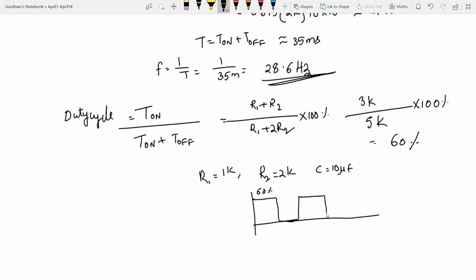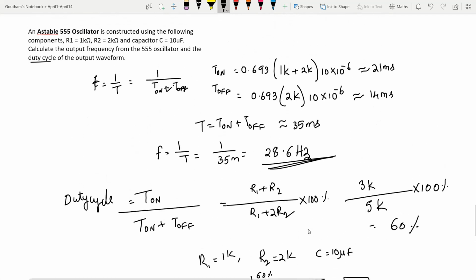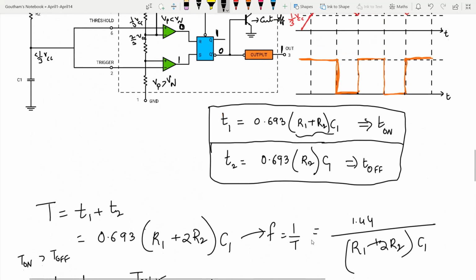And the frequency of that square wave is 28.5 or 28.6 hertz. Yeah, so you can expect similar problems in the exams on astable multivibrator. It should be pretty straightforward, I think.